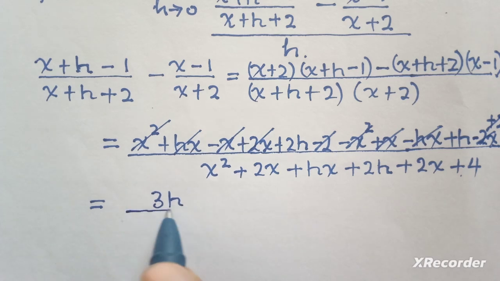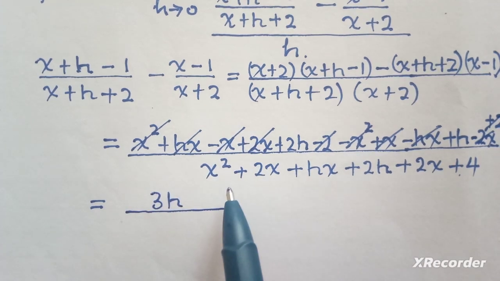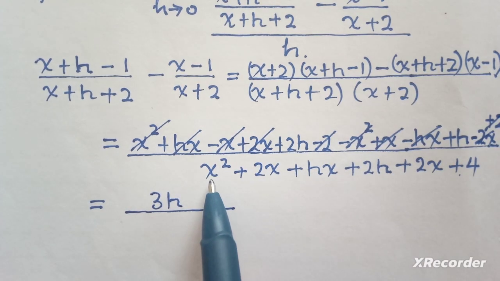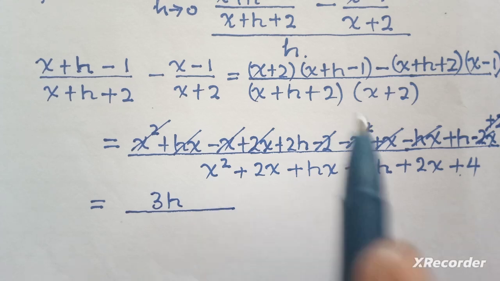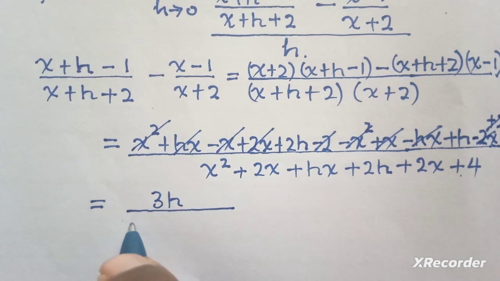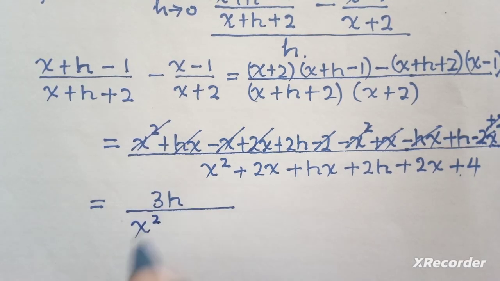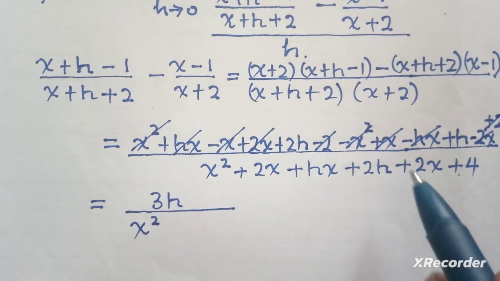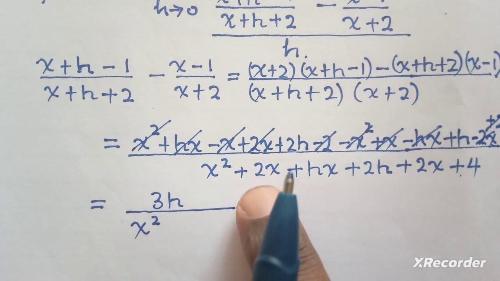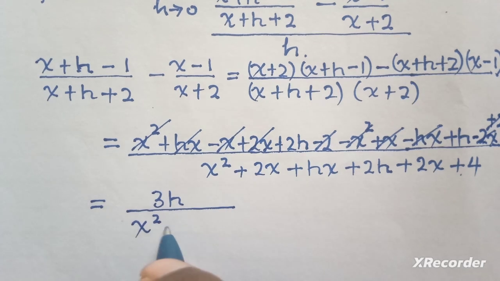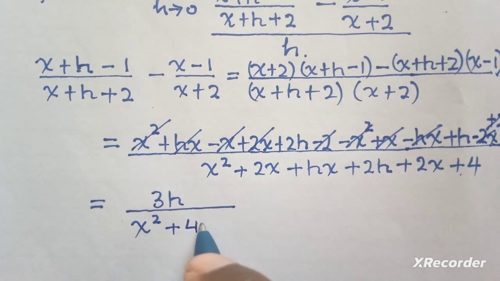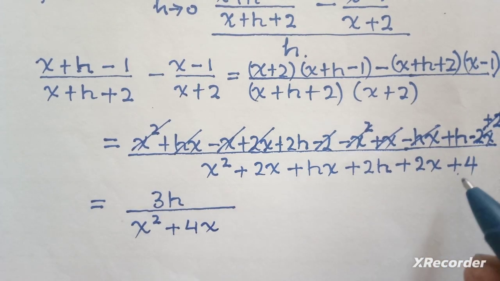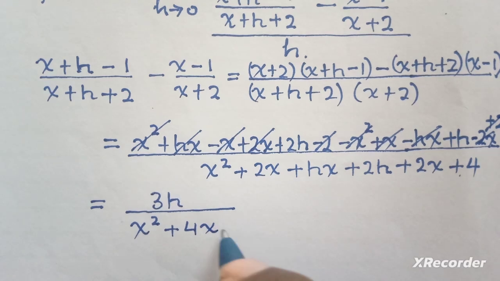All over, now we do this one. This one will be x squared. You have x squared there, guys, like that. Then we have 2x plus 2x is 4x. And then we have plus 4.